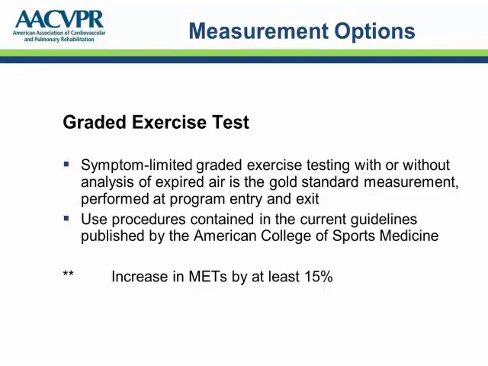Testing would be done using a standard testing protocol from the American College of Sports Medicine. And to meet the measure and be included in the numerator, the patient will show a 15% increase in estimated maximal MET level from pre to post-program completion.